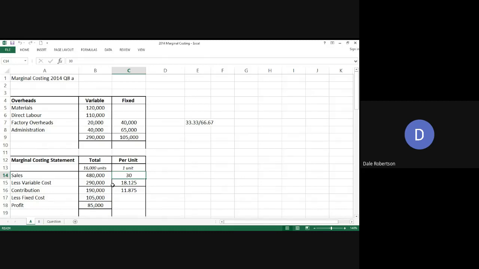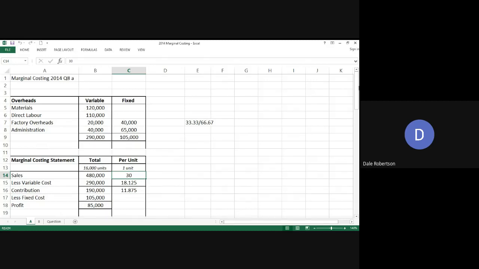You cannot be penalized for being too accurate. So therefore, this 18.125, you take away from 30, and that gives you a contribution per unit of €11.875.